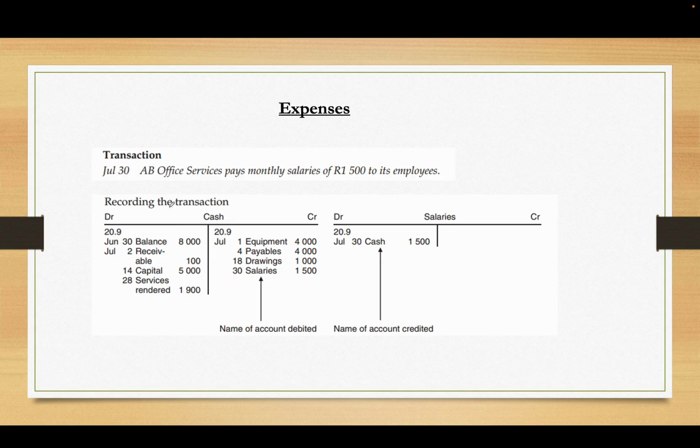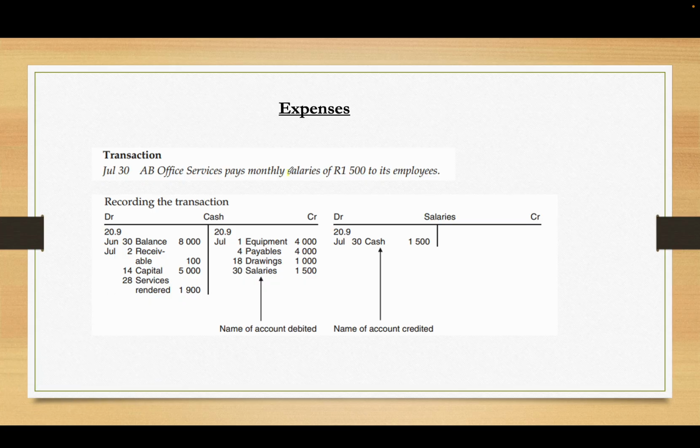So AB SEA Ltd pays monthly salaries of 1,500 to its employees, guys. Salaries is an expense for a business. It does not bring you money.